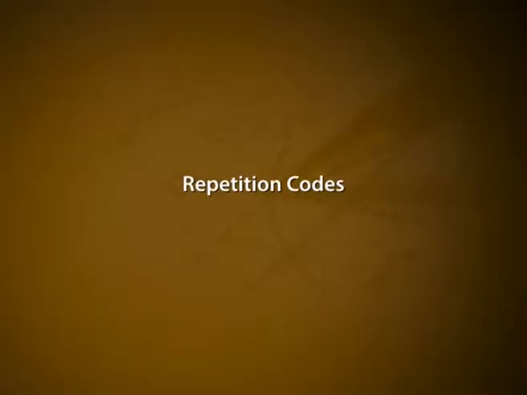Repetition codes. Repetition code is a coding scheme that repeats the bits across a channel to achieve error-free communication. Given a stream of data to be transmitted, the data is divided into blocks of bits. Each block is transmitted some predetermined number of times.